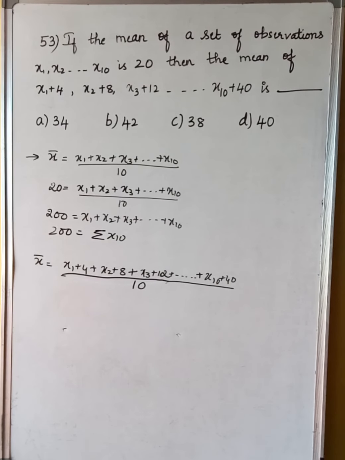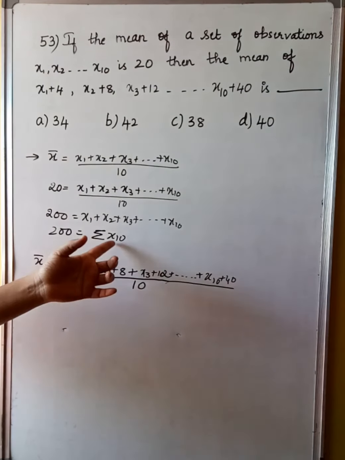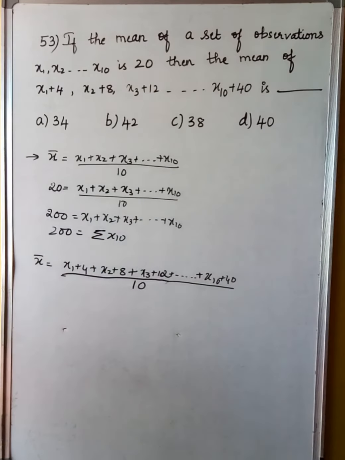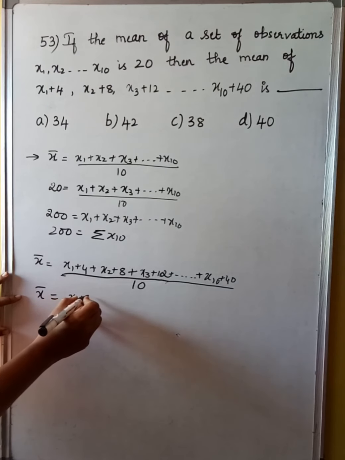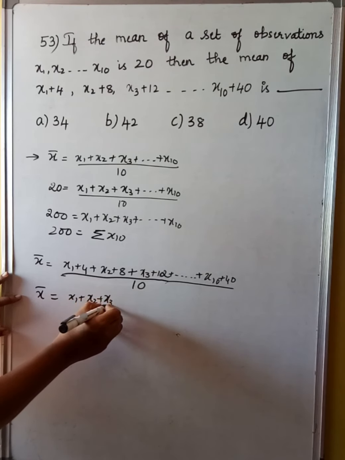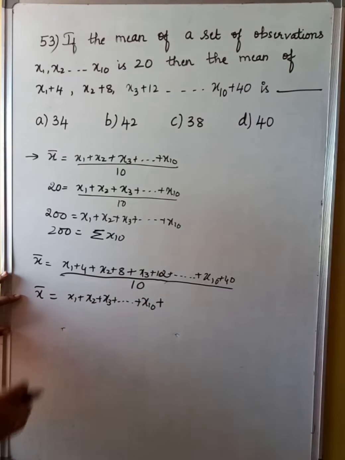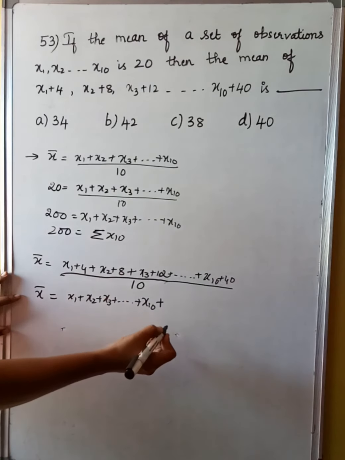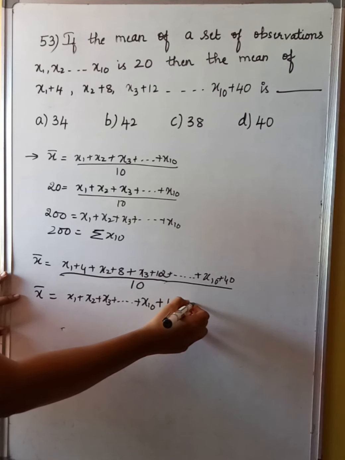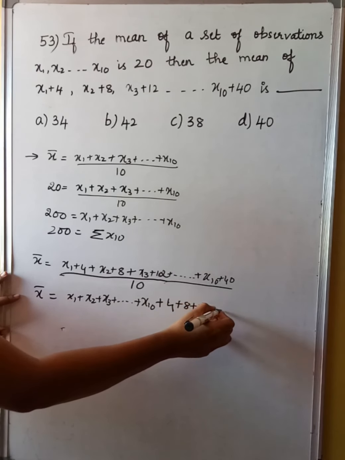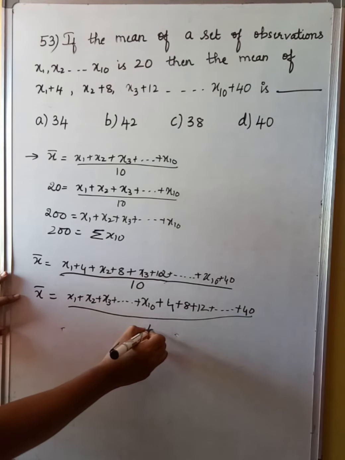So now next what I'll be doing is, I'll bifurcate the variables one side and numericals one side, such that we already know sigma x_i value is nothing but 200. So I'll write x bar is equal to x1 plus x2 plus x3 plus so on up till plus x10 plus, okay, observations one side, the numericals one side I'll consider, which is nothing but 4 plus 8 plus 12 plus so on up till plus 40, whole divided by 10.